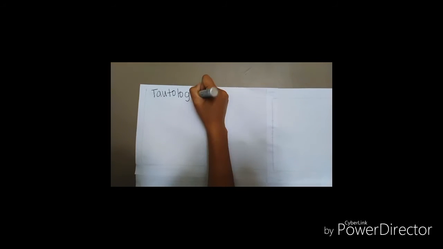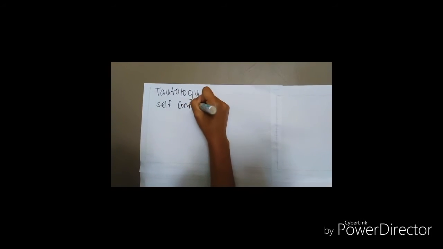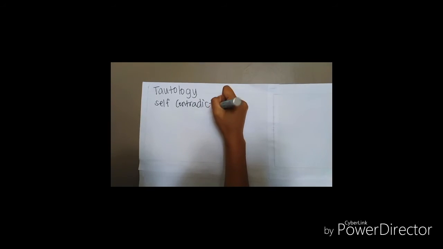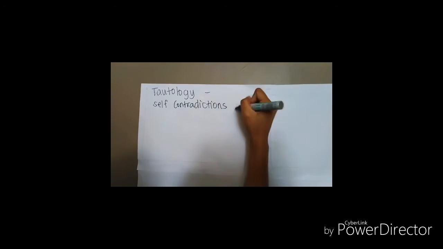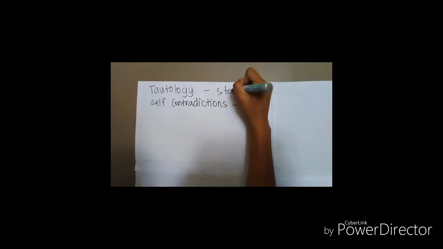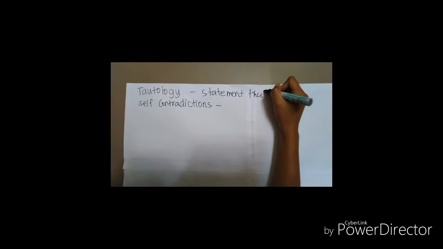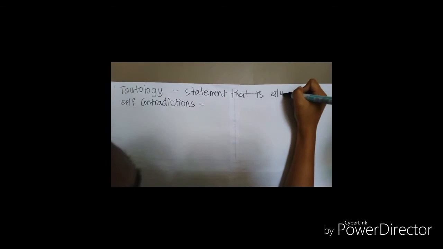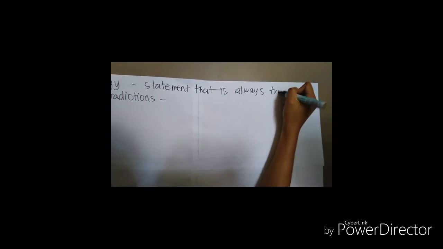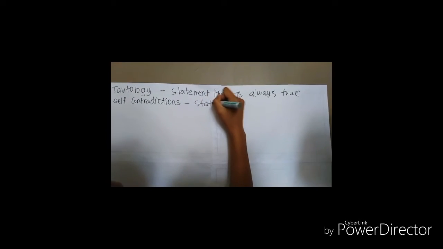Today is about tautologies and self-contradictions. First, let's define the word tautology. A tautology is a statement that is always true, while a self-contradiction is a statement that is always false.